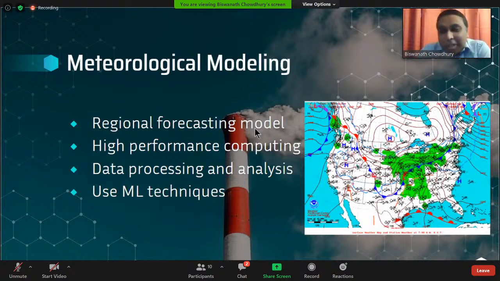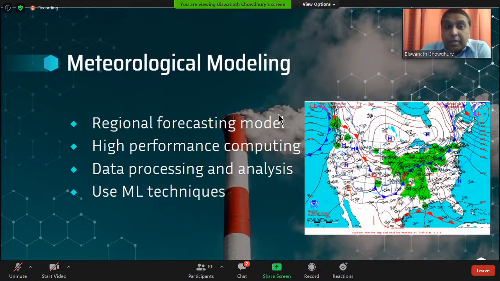In this job, I do regional forecasting, and here also we use weather models, which can be pretty high resolution, some kilometer resolution. But we need high performance computers for running these weather models, and it can take a few hours even with hundreds of CPUs.